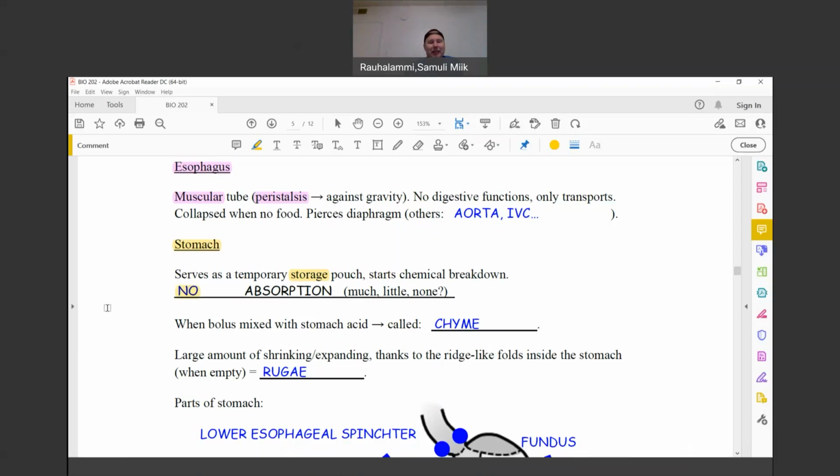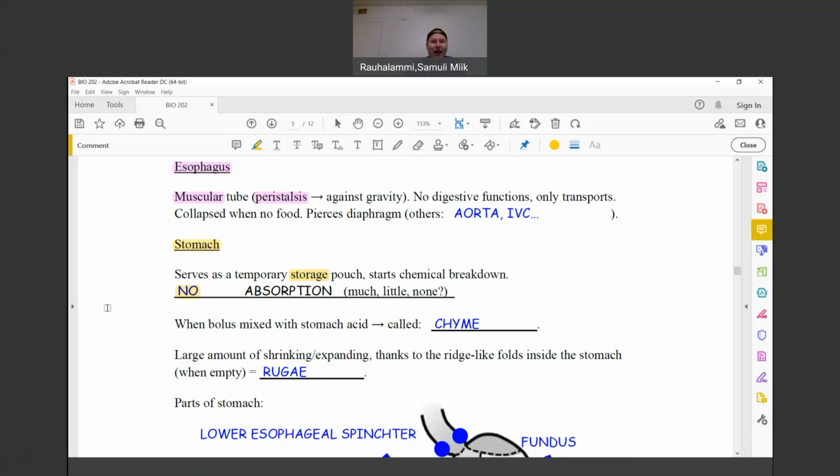This is because the stomach is not really adapted for food to get absorbed. It is the storage and the chemicals that get mixed in there. Remember, stomach contents are very acidic, so we need to have the stomach lined so that it doesn't digest itself.